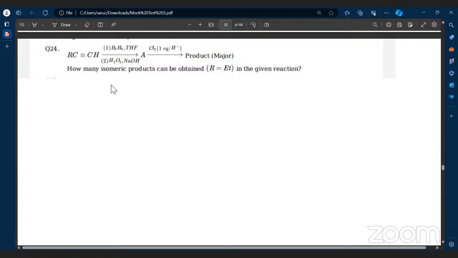Yes. So when I take an alkyne and treat it with 1 and 2, that is diborane, H2O2, NaOH, what would A be? What are you going to do over here?